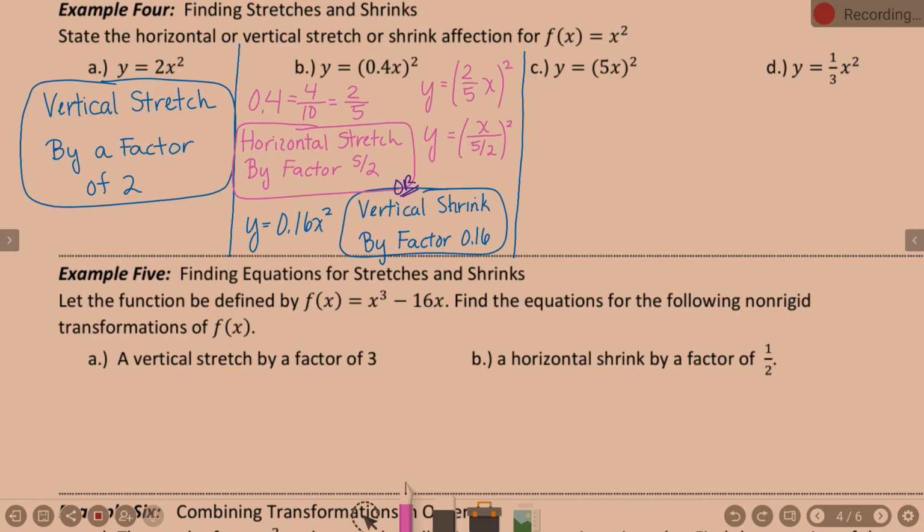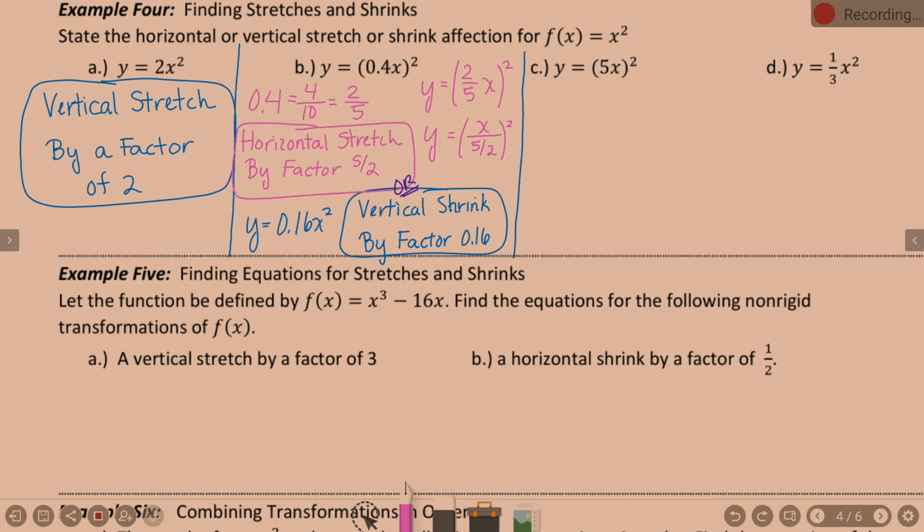In B, because 0.4x is in parentheses, we talked about two options. 4/10 is 2/5, so this is 2/5 times x, which is the same as x divided by 5/2. That puts us in the horizontal stretch, because 5/2 is bigger than 1. Or if you just multiply it out, 0.16, that's a vertical shrink.